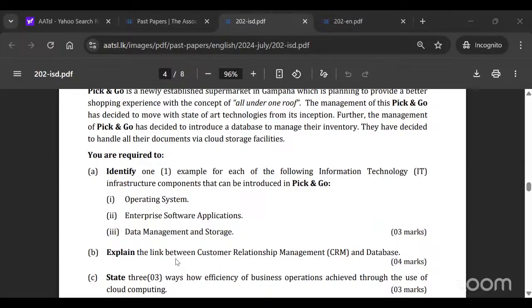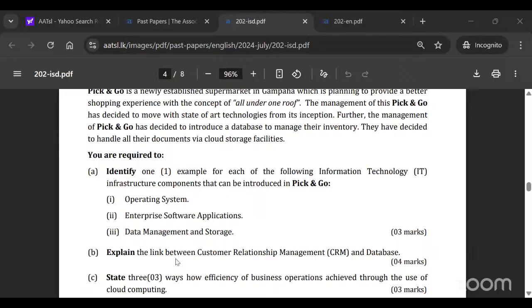Data management and storage. Then you can suggest Microsoft SQL Server, Oracle database, MySQL. As data storage, you can say Microsoft Azure, Google cloud servers, and Amazon S3, that is very important.